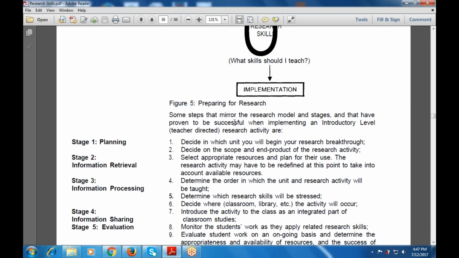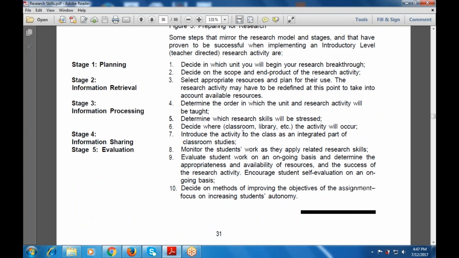Then monitor the students' work as they apply the related research skills, and evaluate the student work on an ongoing basis. Determine the appropriateness and availability of the resources and the success of the research activity. Then encourage the students toward self-evaluation on an ongoing basis.